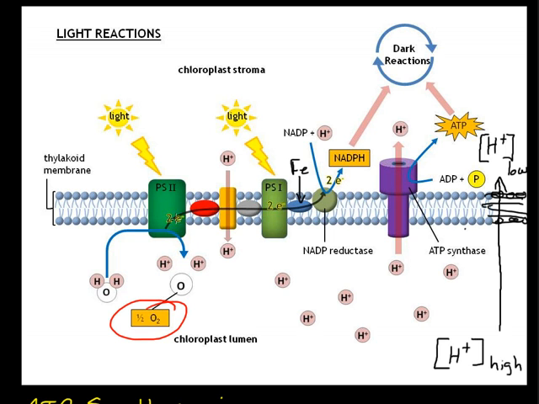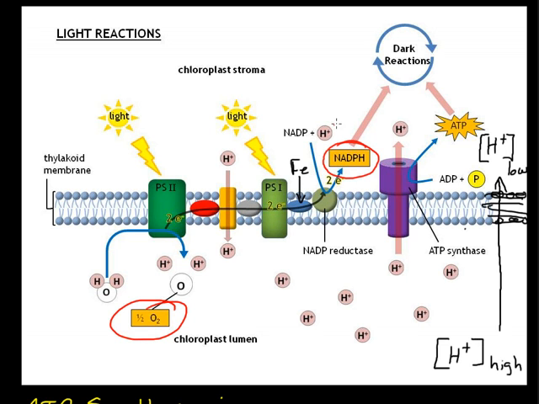And it takes these electrons and passes them through the electron transport chain, or electron transport molecules. Next stop is photosystem 1, which boosts the energy of the electrons further, passing it to ferredoxin and this NADP reductase. NADP reductase adds electrons to NADP and hydrogen ions to form NADPH, which is another product of the light reactions.